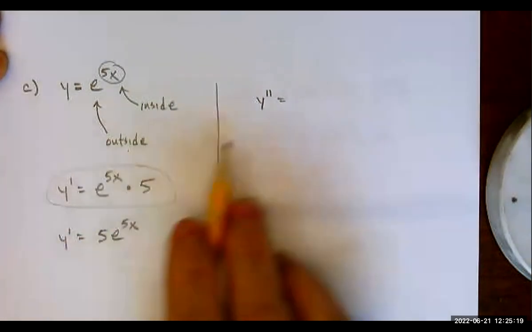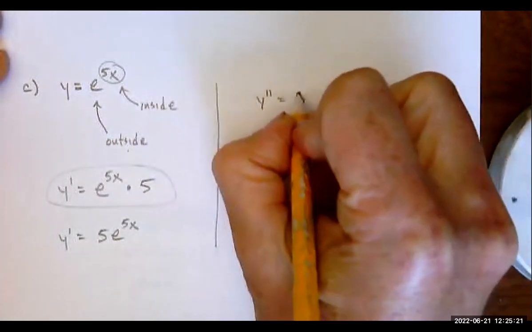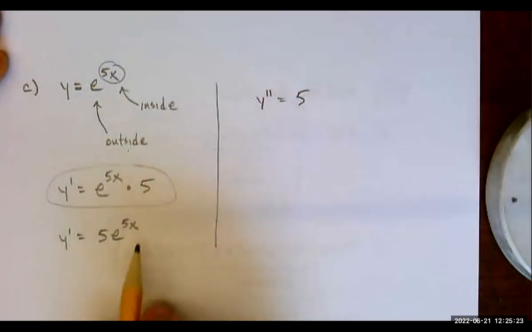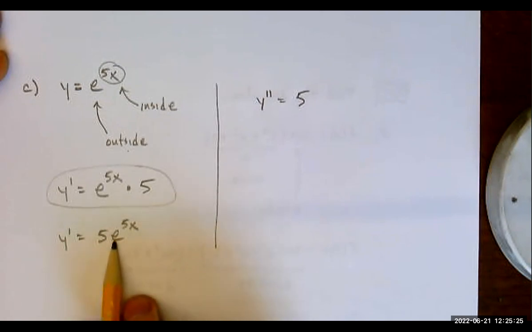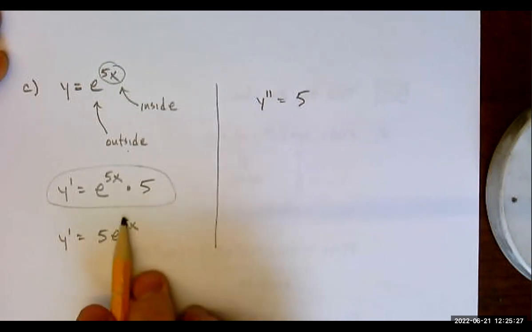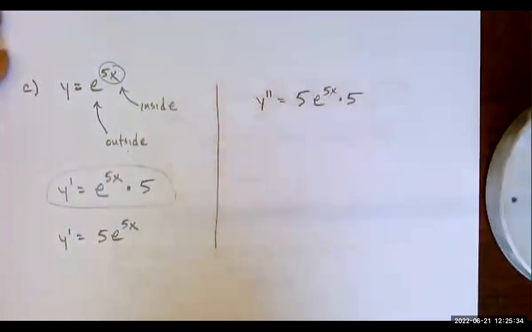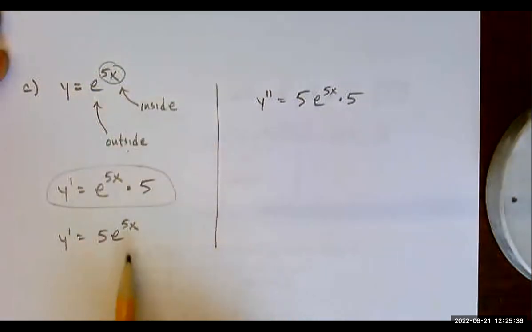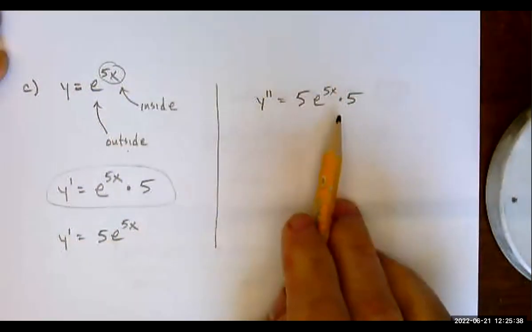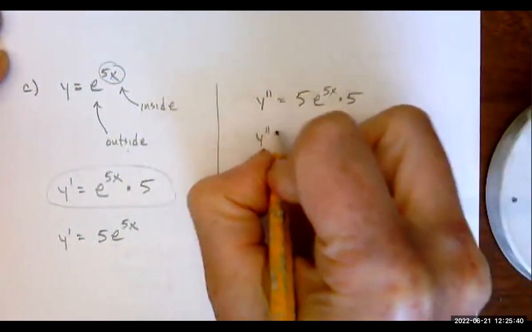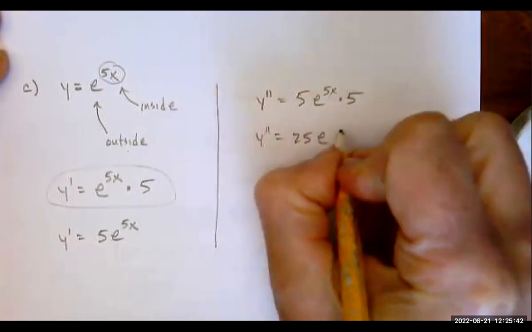So this 5 here would carry over. And then we take the derivative of e to the 5x. This derivative needs a chain rule, e to the 5x times 5. I mean, we just did it. It's the same derivative again for that. So that would tell us y double prime is 25 e to the 5x.